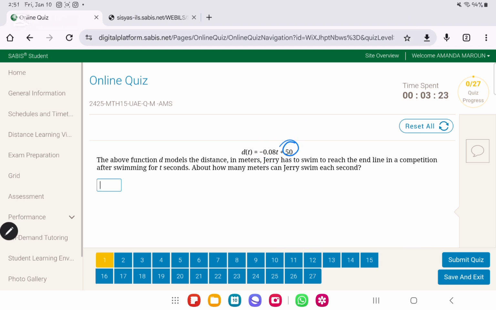Now, for whole numbers like this, the derivative is 0. That means for this one, it's going to be minus 0.08 t to the power of 1 plus 50. In other terms, it's t to the power of 0, but I'm not going to go into that. We're just going to stick to minus 0.08 t to the power of 1 plus 50.